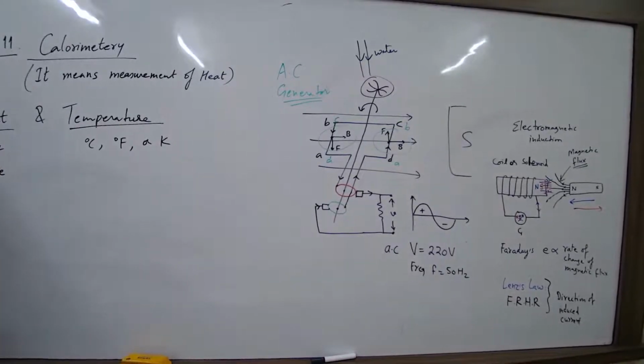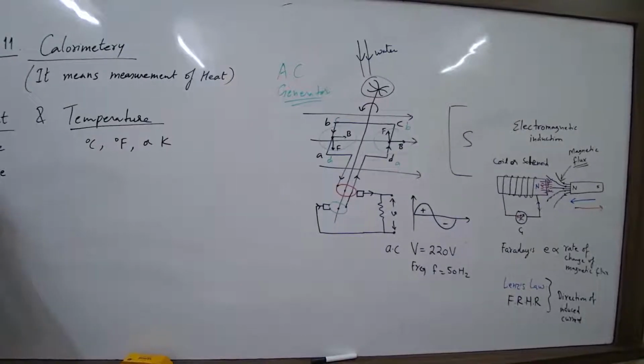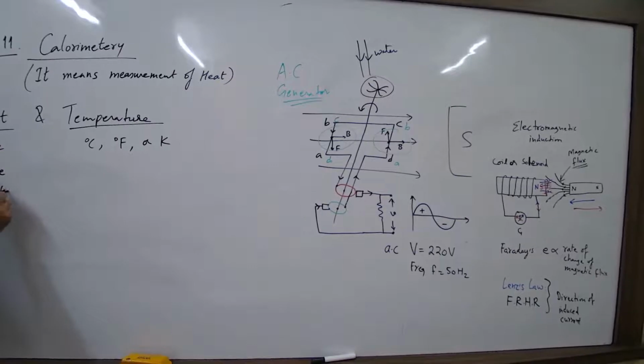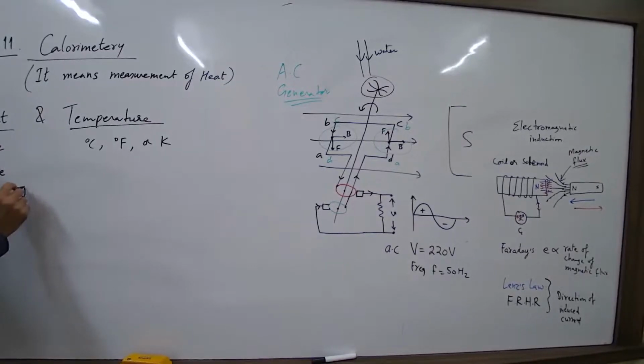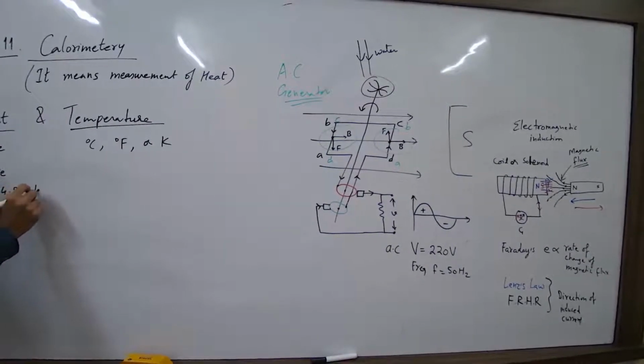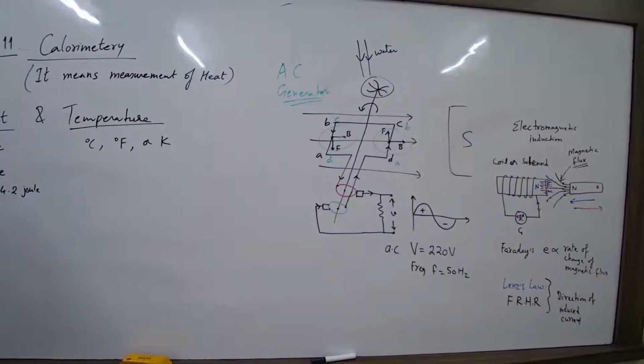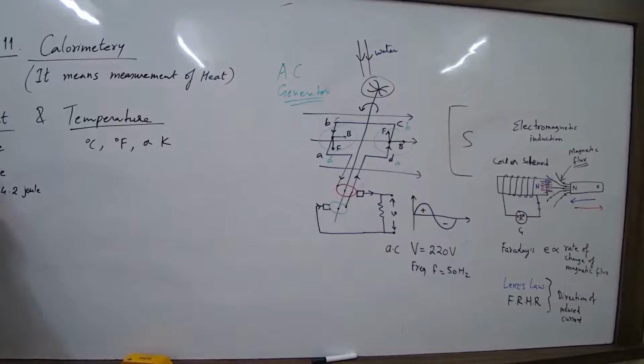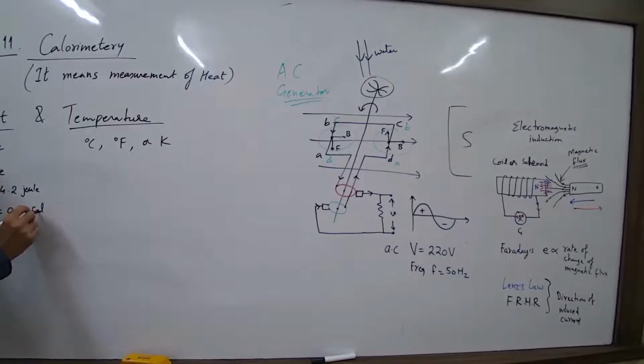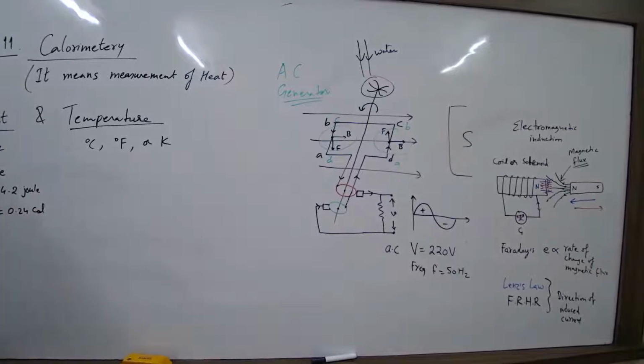Okay. And the relation between calorie and joule is 1 calorie is 4.2 joule approximately. And 1 joule is 0.24 calorie. Okay, this is the relation.